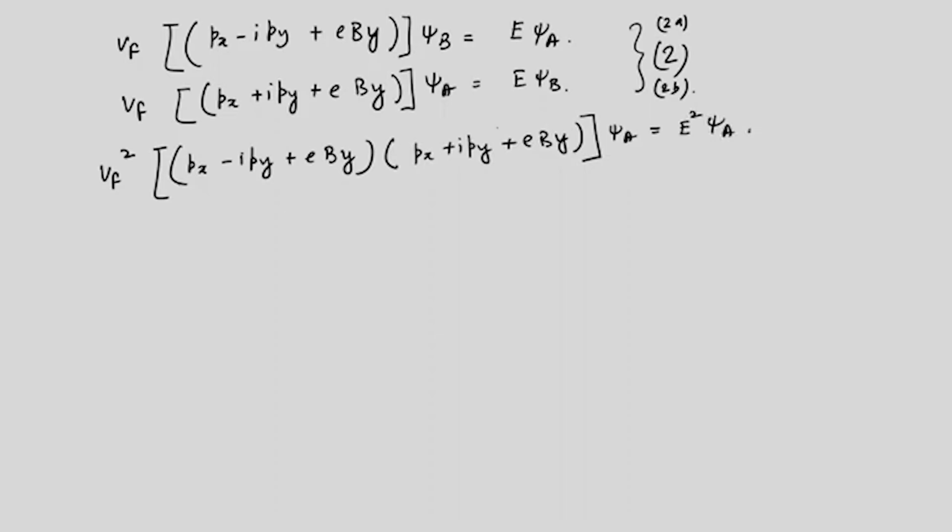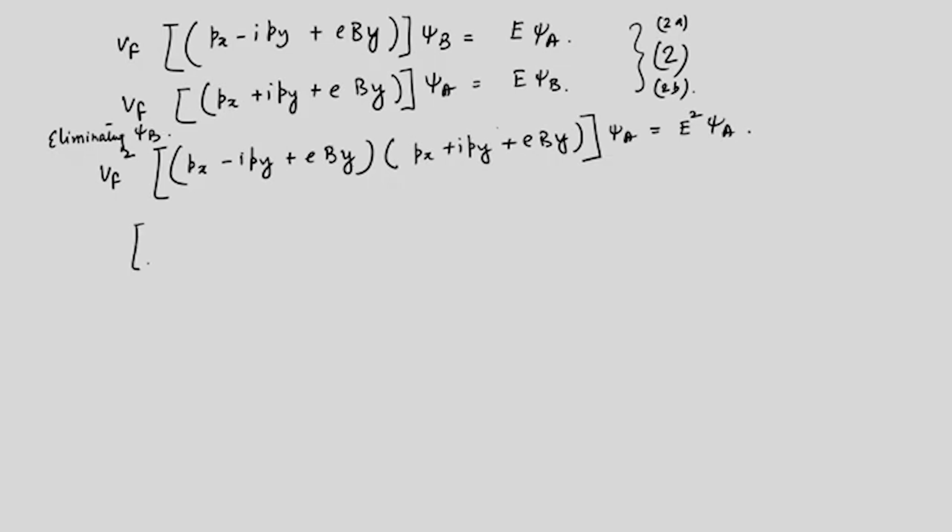So, this is just psi b being eliminated, or we could have done the other way around. Of course, we put 2b into 2a, not 2a into 2b. So, let us write that we are eliminating psi b. Okay. And you keep simplifying it.